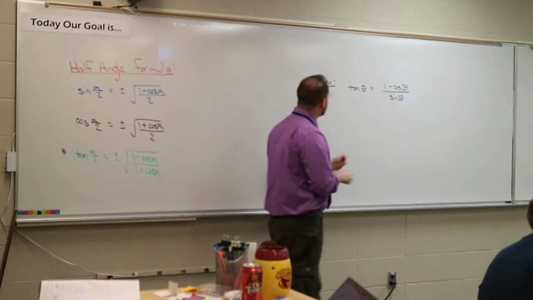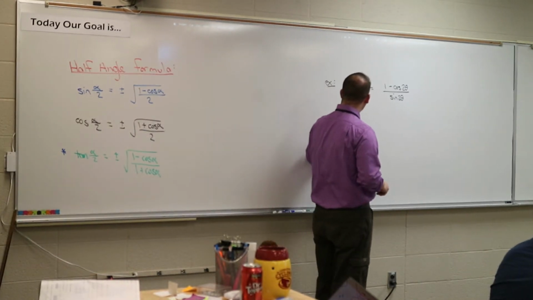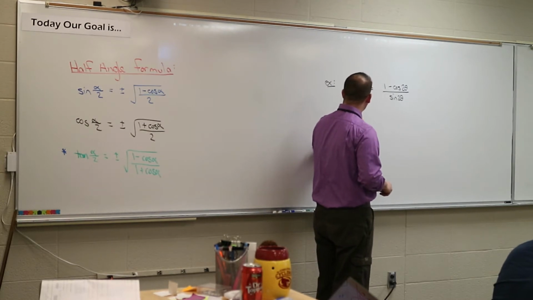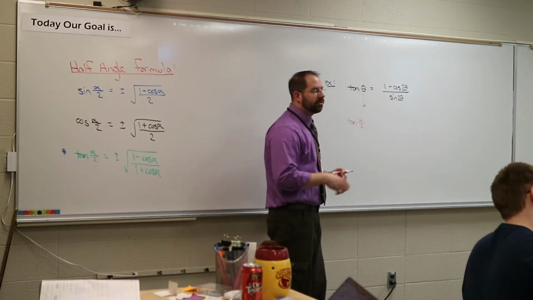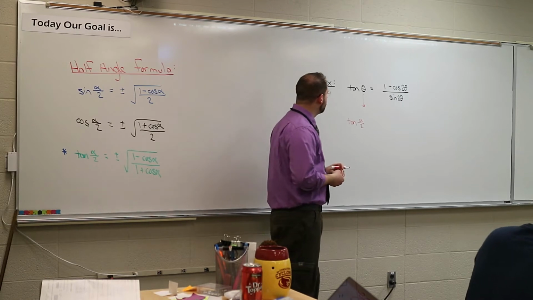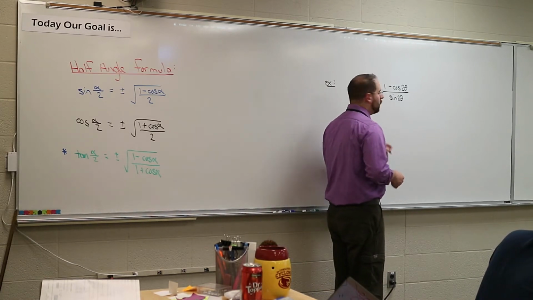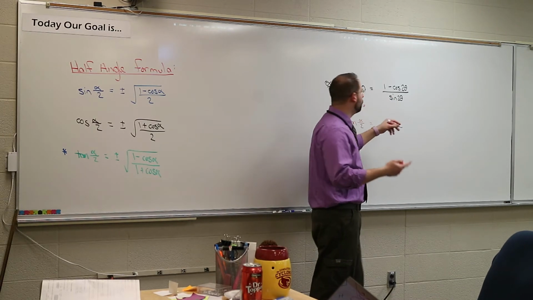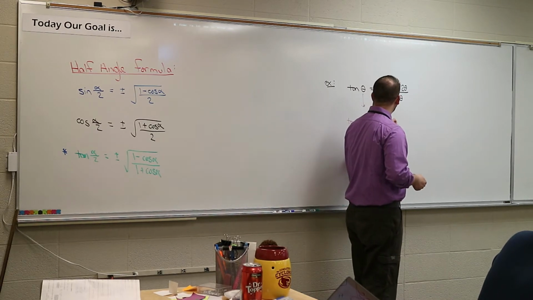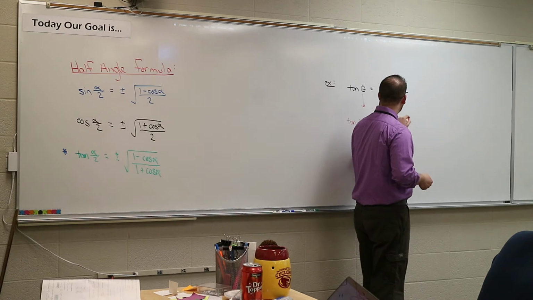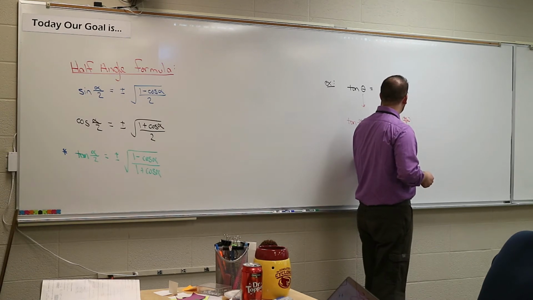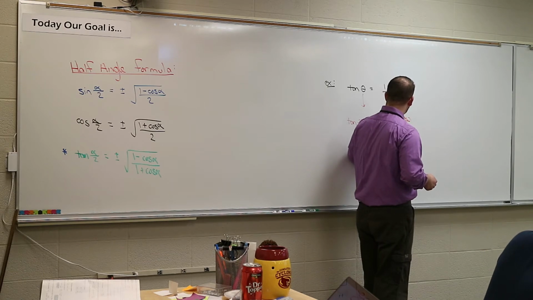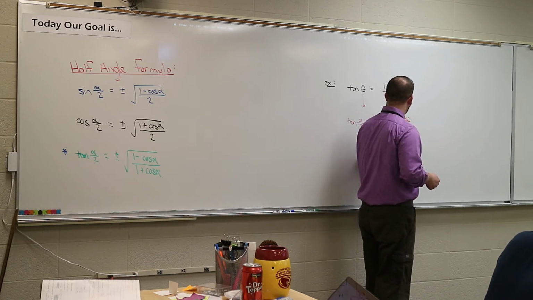First, I'm going to replace theta with alpha over 2, so I'm cutting the angle in half. When I do that, I have to replace all the other thetas in the formula with alpha over 2. So 1 minus cosine of 2 times alpha over 2, and sine of 2 times alpha over 2.